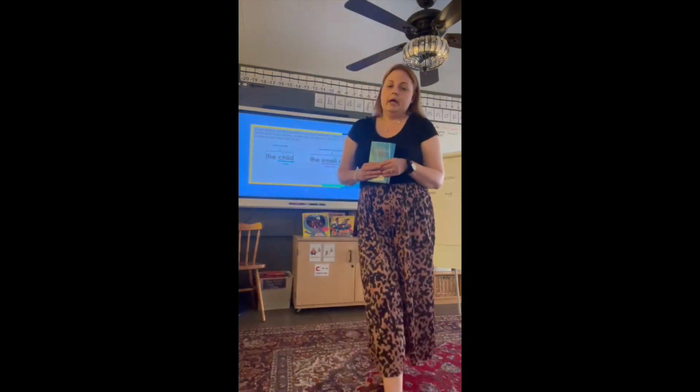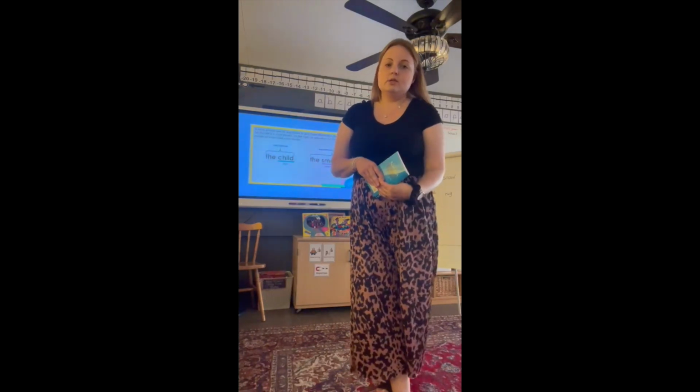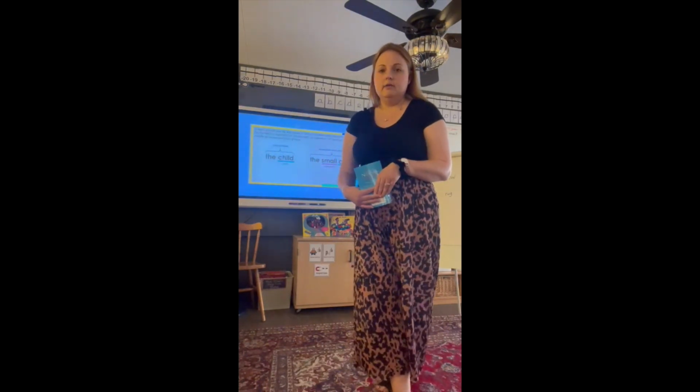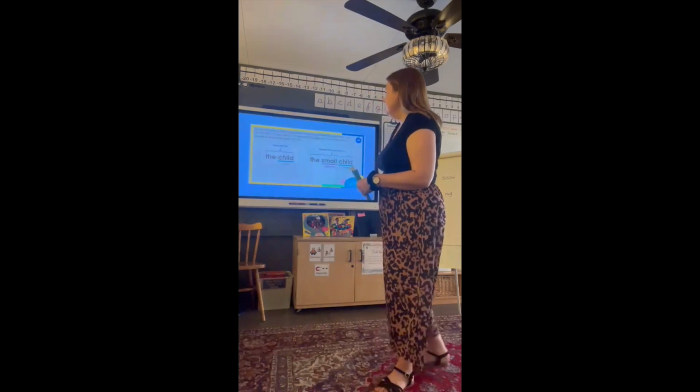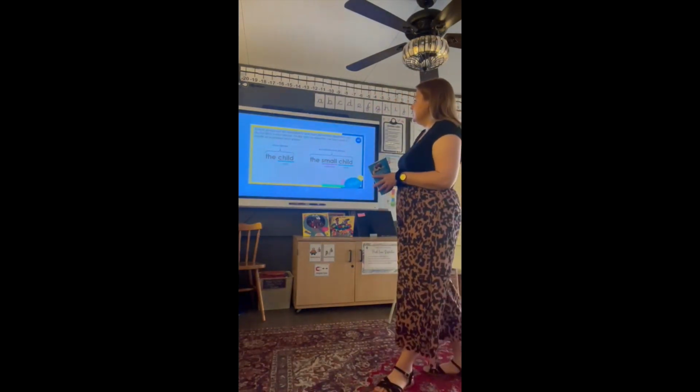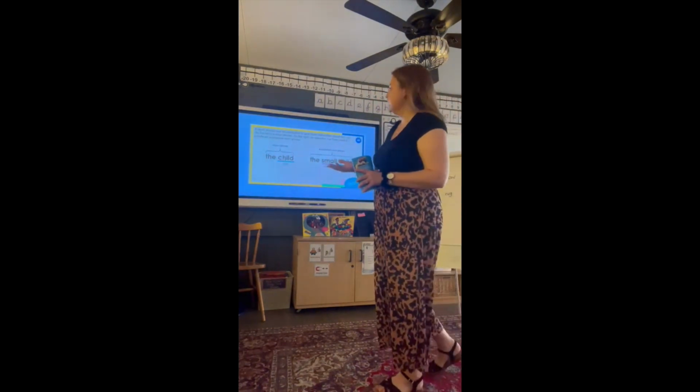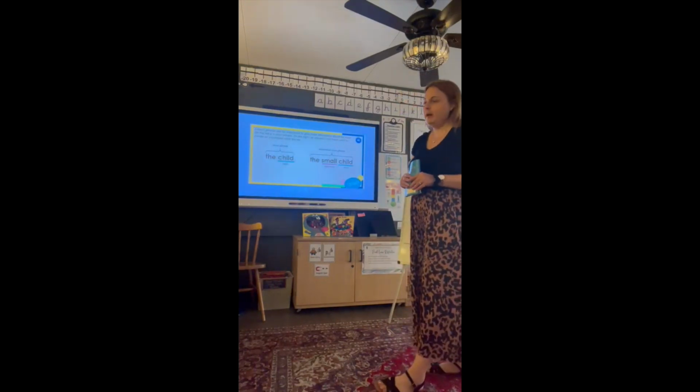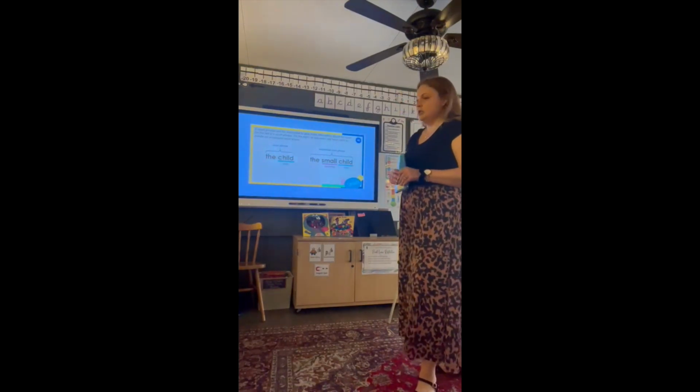Now, to do this, we are going to be looking specifically at some noun phrases and expanded noun phrases. So this is where a noun is described using an adjective in our writing. So a noun phrase, for example, the child, can be expanded to give more information about the noun using adjectives.